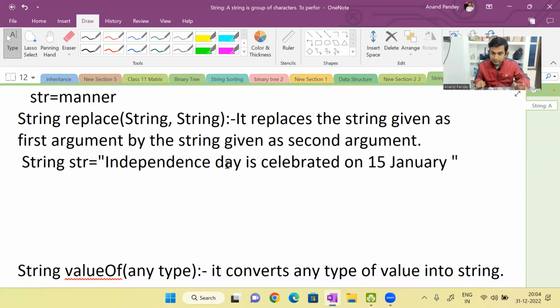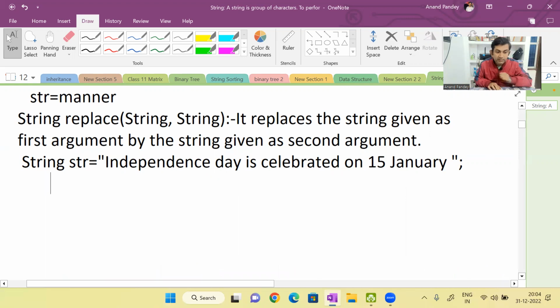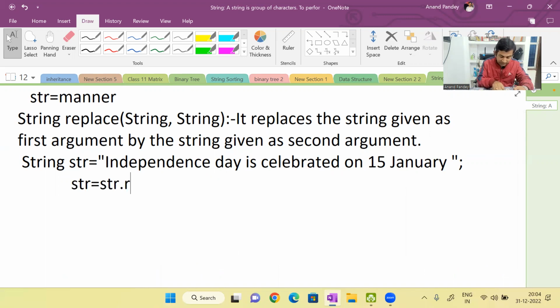Okay, hold on, I will correct it. I think we have made some mistake. It should be August. Instead of January, there should be August. So how can it be replaced? See, by using the replace function. str equal to str dot replace.